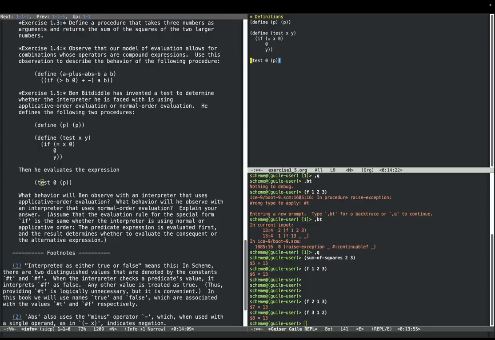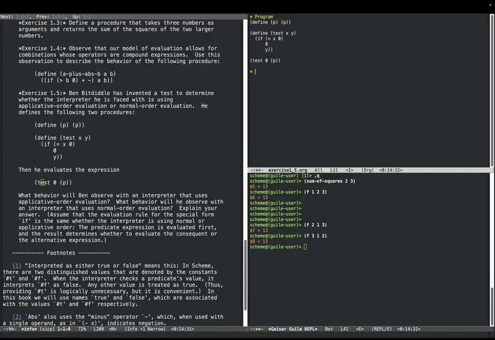Or let's write it as a program. And then here we can write normal, or let's first do applicative order evaluation. Test 0 p.